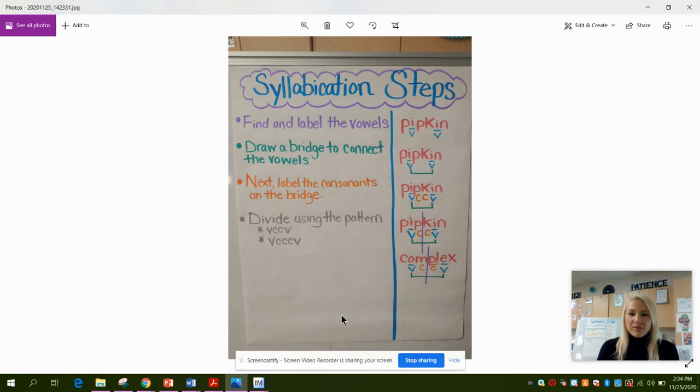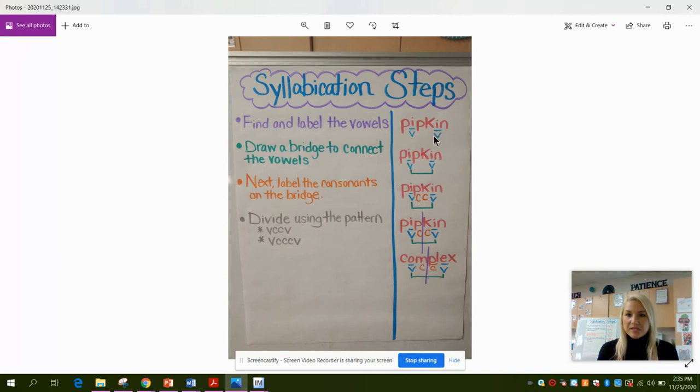So today, before we get started, I want to first share with you our syllabication poster and what we've learned so far to refresh our memory. These are the syllabication steps. Our first step was that we have to find and label the vowels. An example right here shows that with this word.